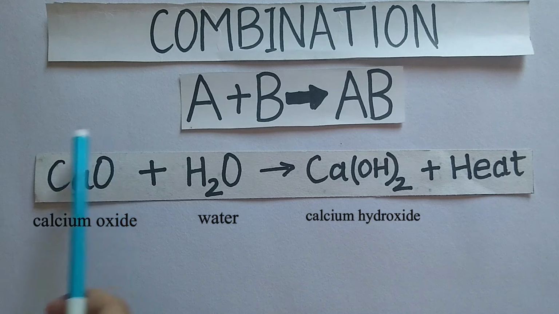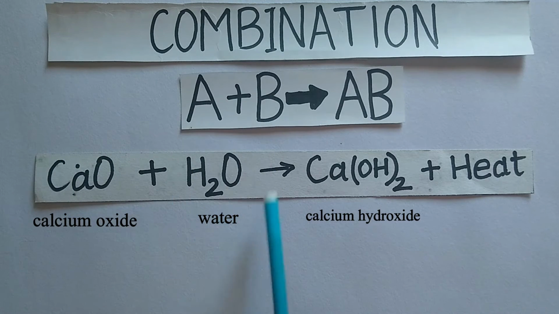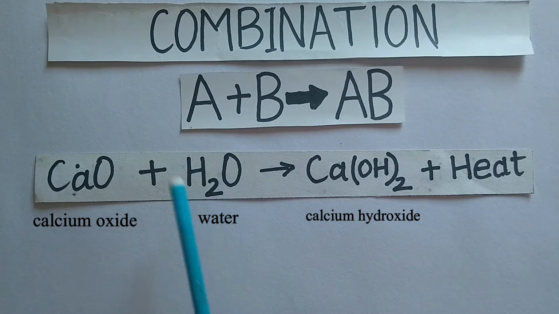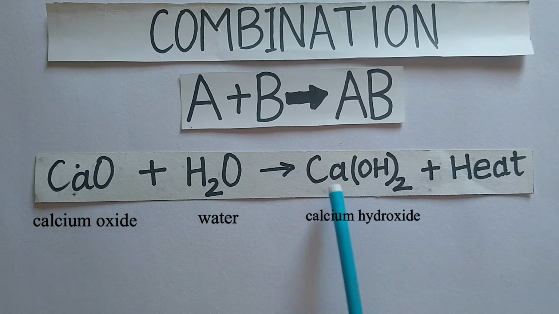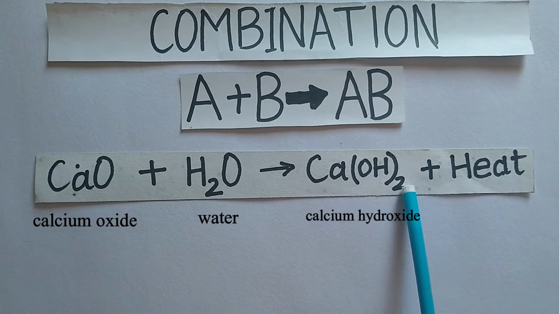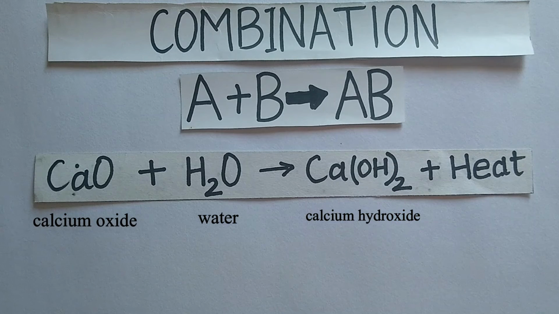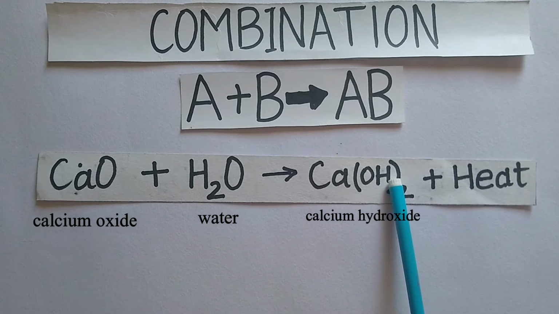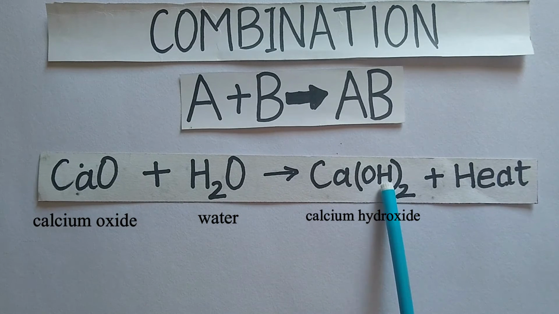So calcium oxide combines with water. Water, the compound, is H2O. That combines to give you Ca(OH)2. Now remember, this 2 is only for oxygen and hydrogen. We did this previously. So this is combining to give you calcium hydroxide.